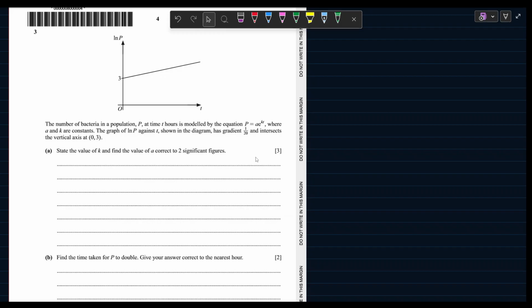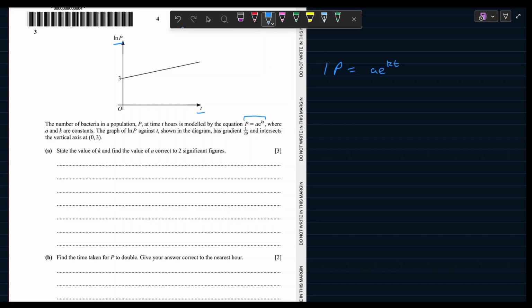State the value of k and find the value of A correct to two significant figures. Okay, so here they've got a line of ln P against t. So to clearly see that line in the form y equals mx plus c, we can start off with that relationship and we want to rewrite it or reduce it to a linear form.